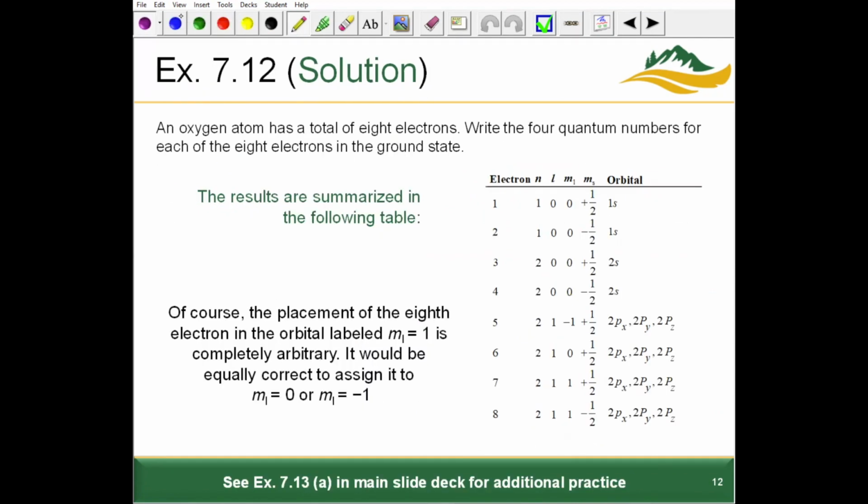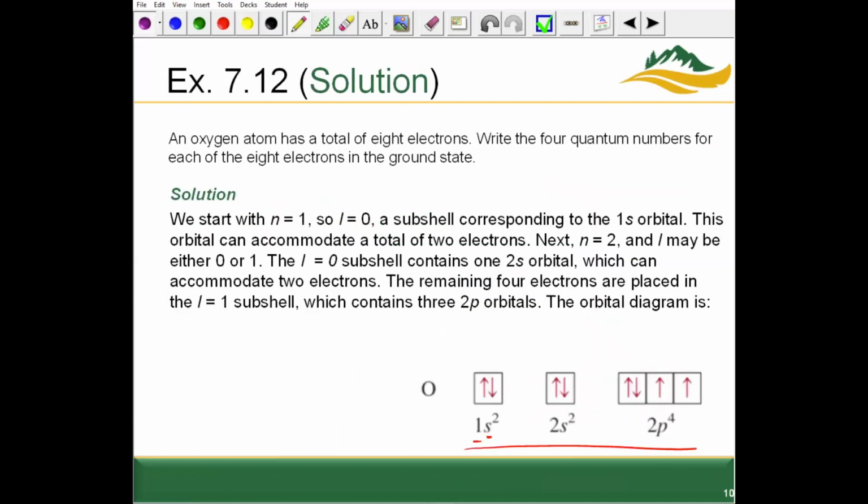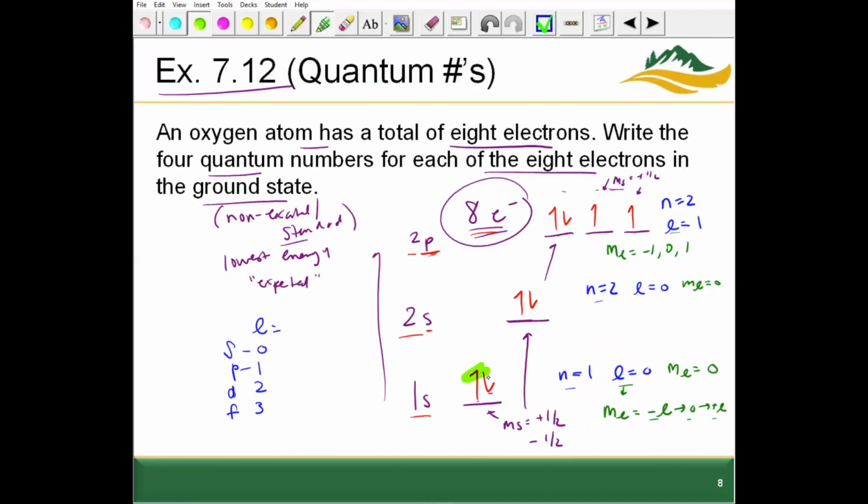So in writing out all of our quantum numbers for each electron, for the first electron, we know that was n equal to 1, L equal to 0, m sub L equal to 0. Then we have a +1/2. For the second electron, same thing, but we have it in -1/2. So that accounts for these 2 electrons.